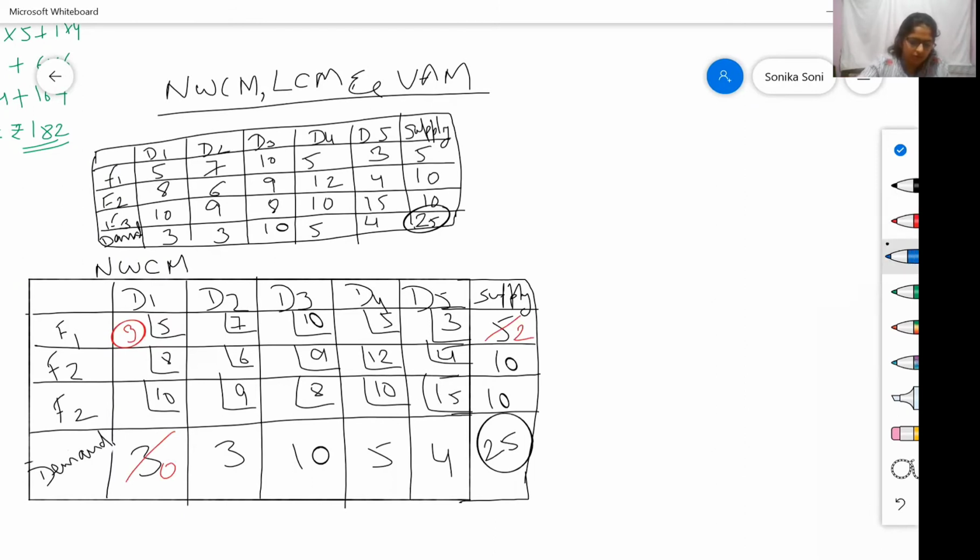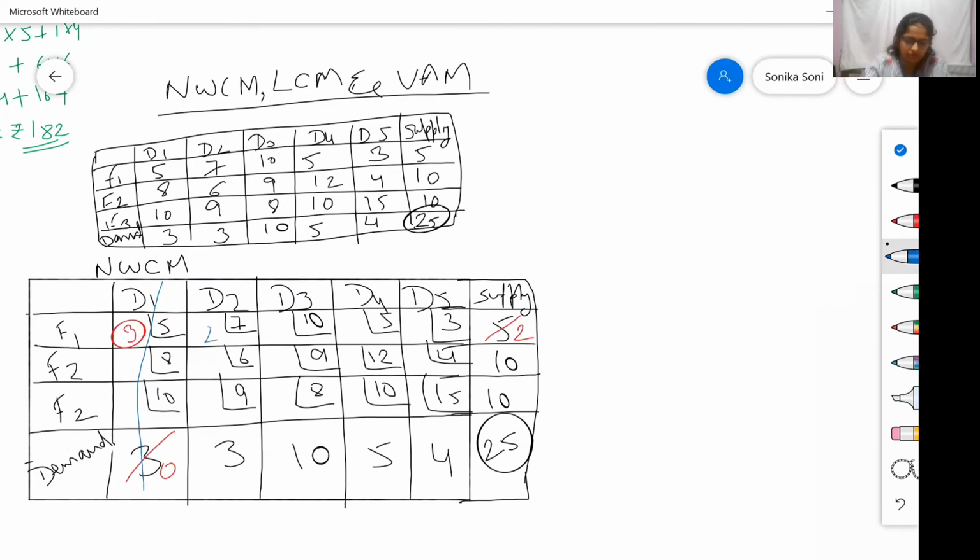Now as the demand became 0, we cancel the demand column out. Now, which is the next north corner side? As we have to ignore the D1 column totally, we have D2, which is F1D2, as the next north corner cost. So we will allocate F1D2, where we have demand as 3 but supply as 2.